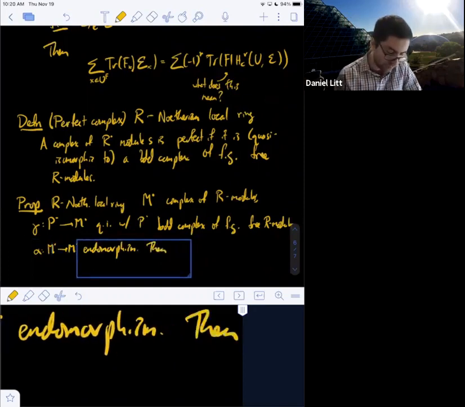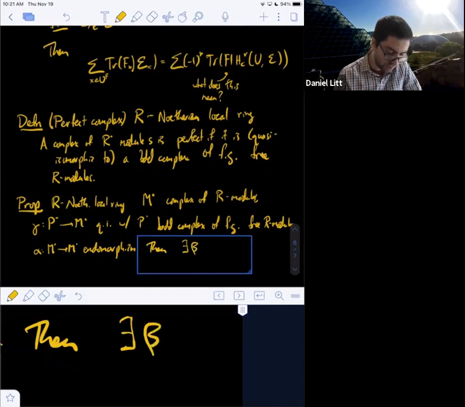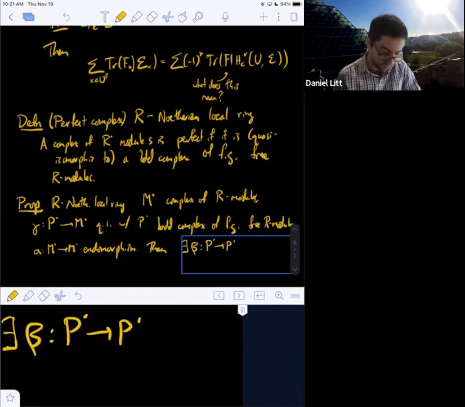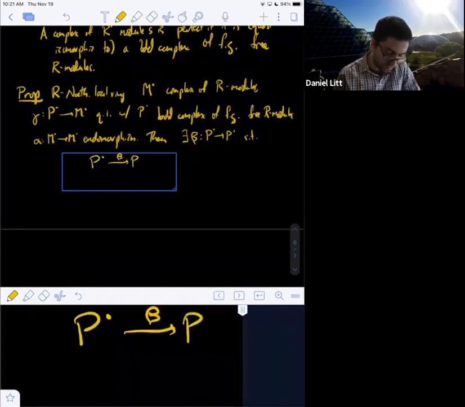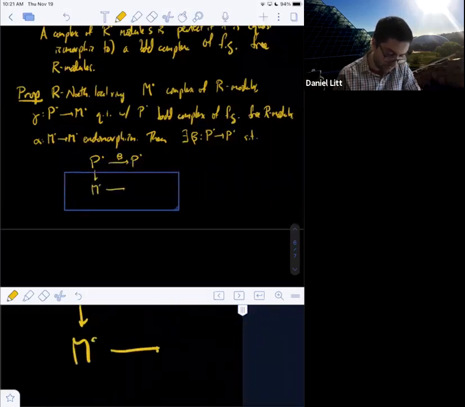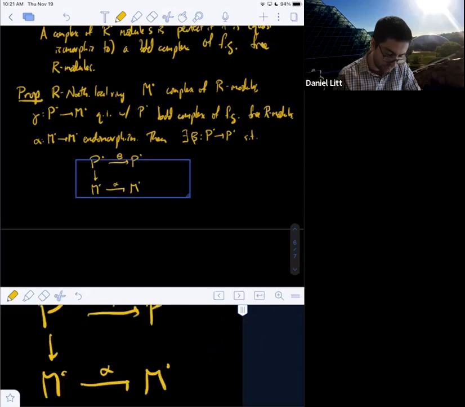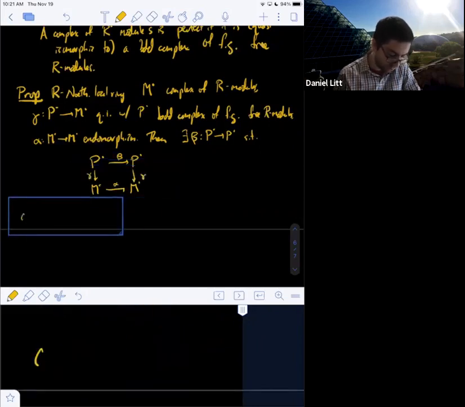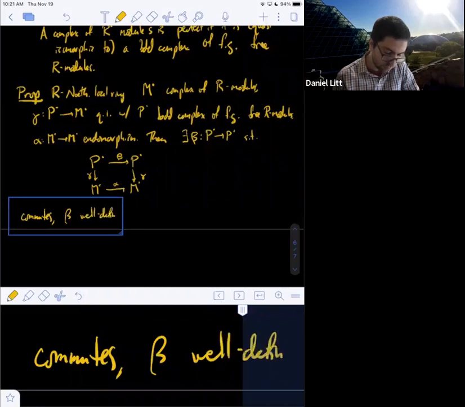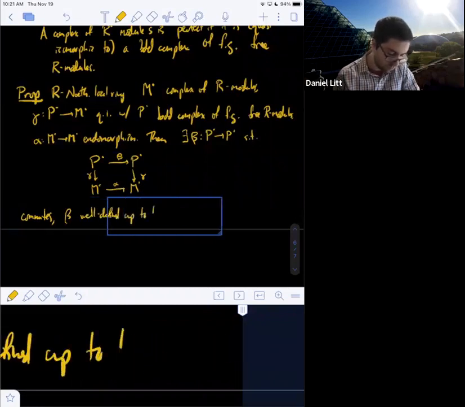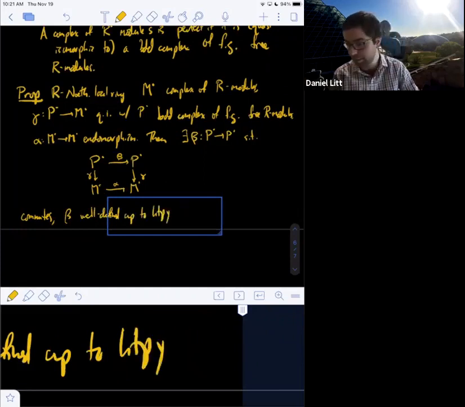Then the theorem is that there exists a beta from P to P such that the following holds. First of all, the diagram with beta from P to P, gamma to M, alpha from M to M, commutes. Beta is well defined up to homotopy, like homotopy of maps of complexes.